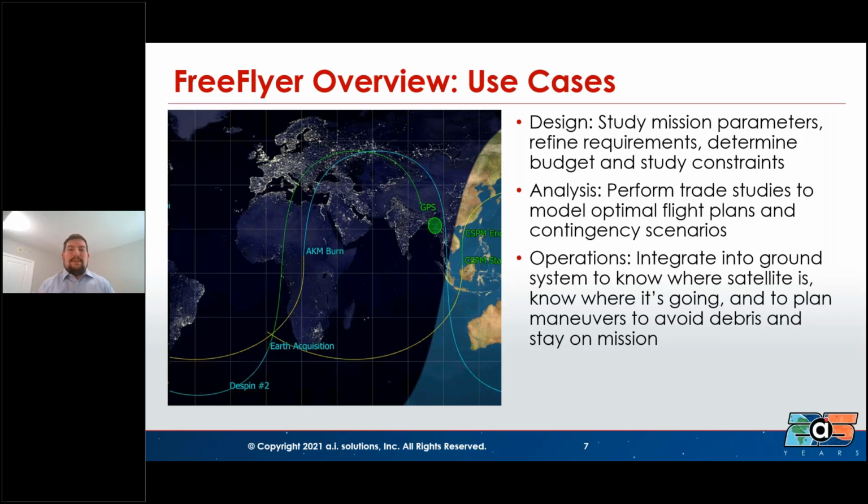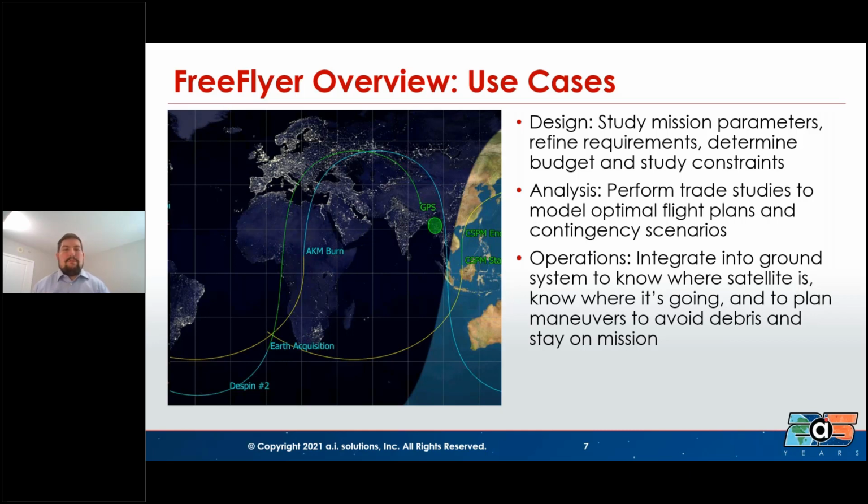Once we have our design, we then move into an analysis phase. In analysis, we're performing trade studies to model optimal flight plans and contingency scenarios. So what happens if is the question. And with FreeFlyer, you can powerfully answer lots of what ifs very quickly with full control over what you're doing. We provide Monte Carlo capabilities so that you can do these trade studies.